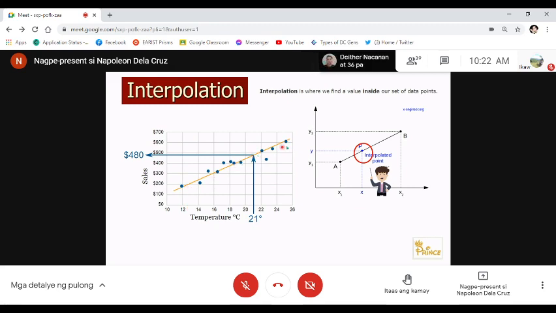And this is what we discussed last meeting, this line with its corresponding equation. So we will use linear interpolation to estimate the sales at 21 degrees centigrade, because this is temperature and this is the sales. So what will be now the sales at 21 degrees centigrade?